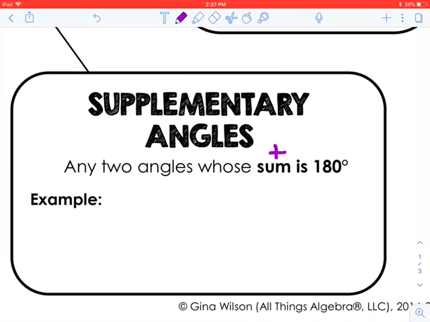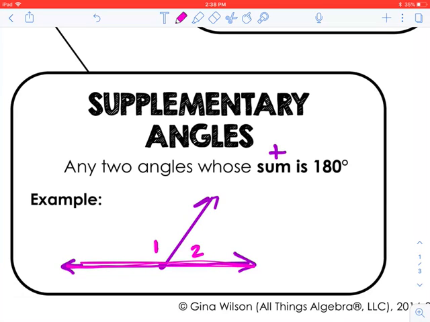So it would be something like this where I've got this line here, and then there's a line coming out that way, and this is angle 1, or sorry, let's do it the other way, angle 1 and angle 2. So 180 degrees is when it's a straight line, and since you can see that's a straight line, that adds up to 180.